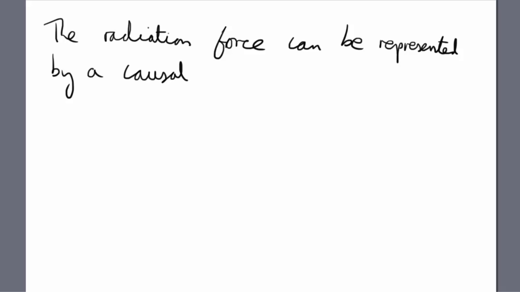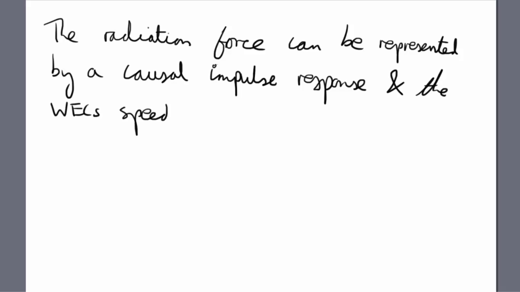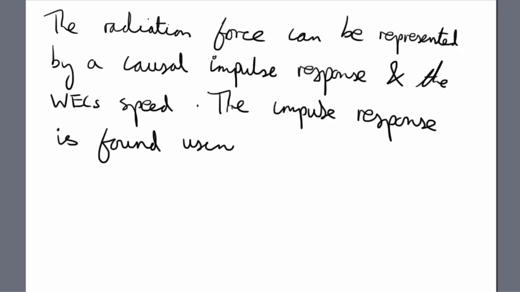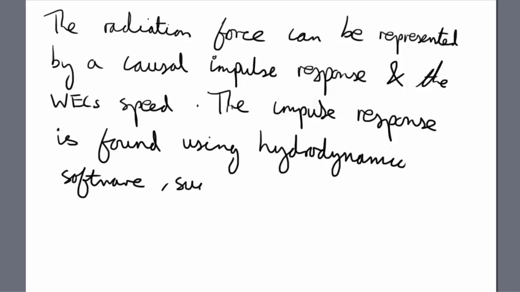The radiation force can be represented by an impulse response which was taken from WAMIT data, where WAMIT is a hydrodynamics software. It's found using hydrodynamics software such as WAMIT.